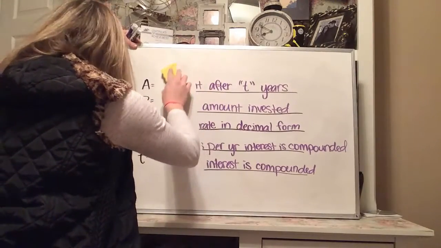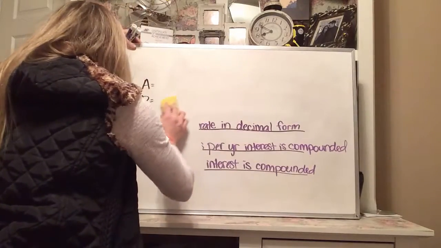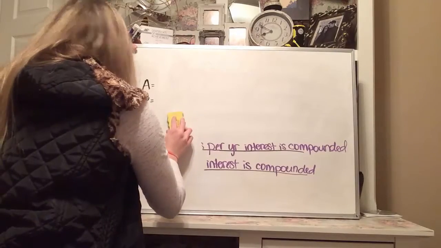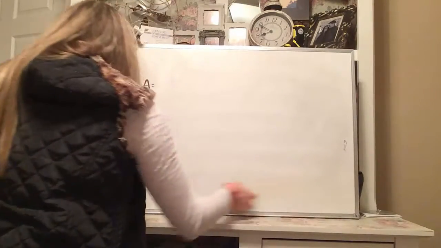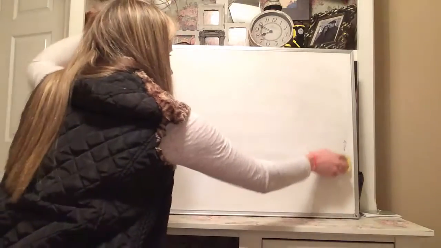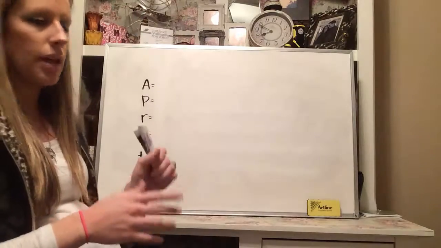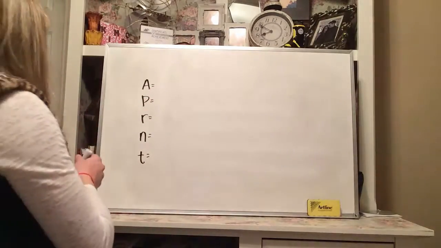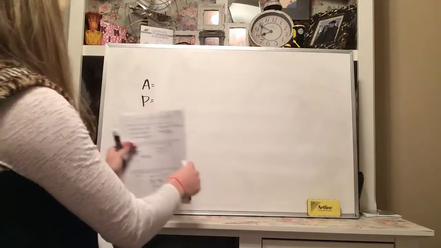Alright, let's look at number 1. Number 1 says, if Heather invested $2,000 in an account that earns 10% compounded semi-annually, how much will she have after 20 years? Okay, so we need to ask ourselves what is the amount, what is the principal, what's the rate, our N, our T, all that stuff.